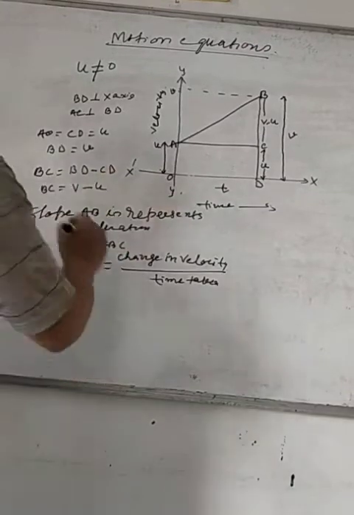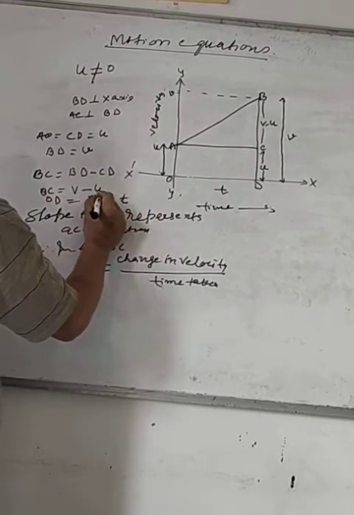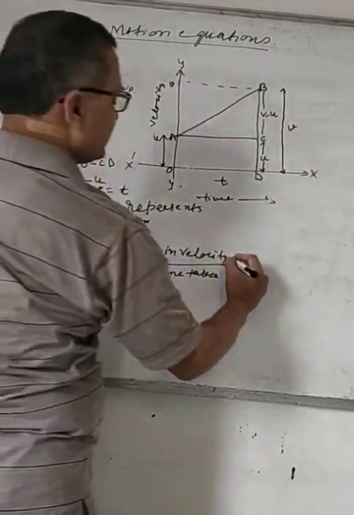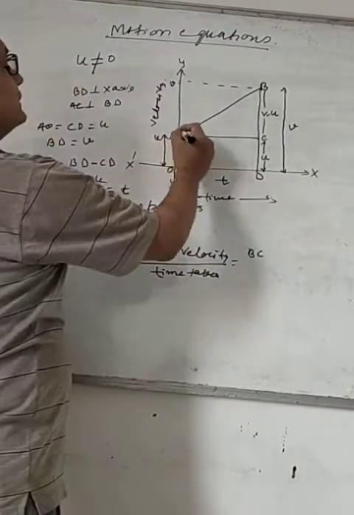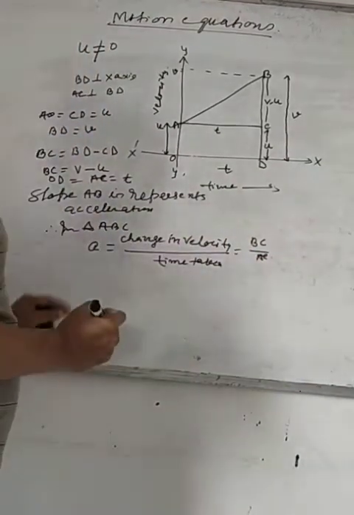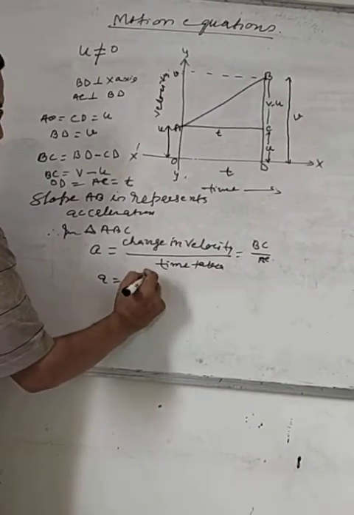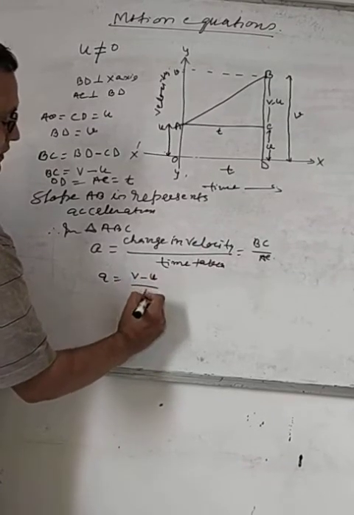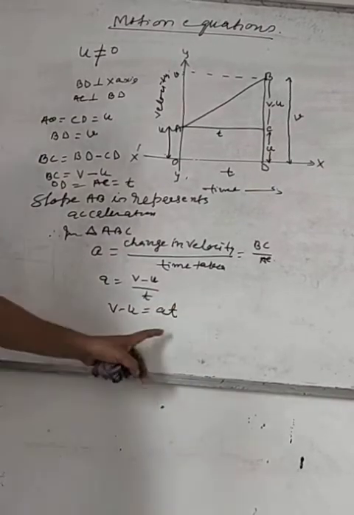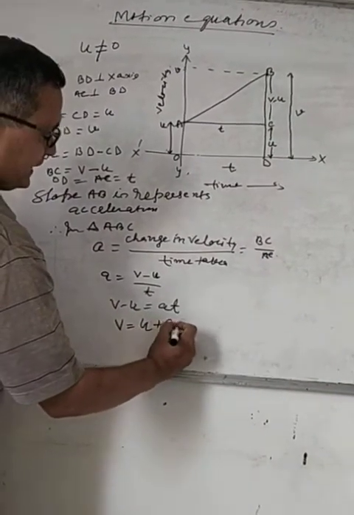Here also OD equal to AC, that is equal to T. And the change in velocity is BC, so A equals BC upon AC, that is A equal to V minus U upon T. So V minus U equal to AT, and V equal to U plus AT.